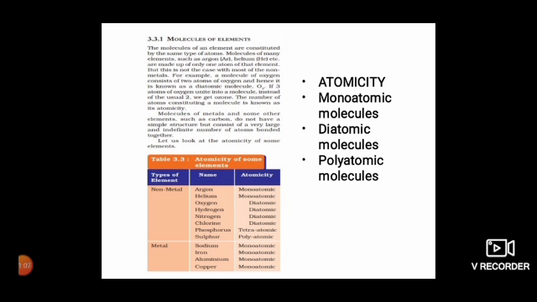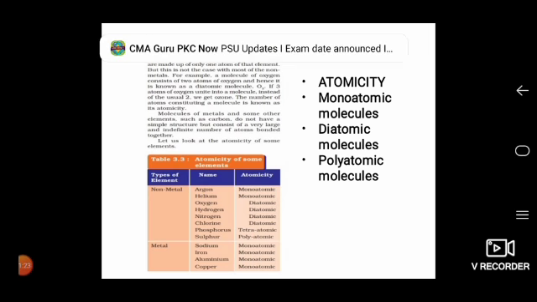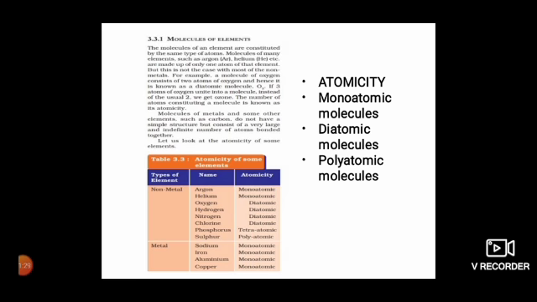So what is atomicity? On reading this passage, you can get the answer. The molecules of elements are constituted by the same type of atoms, such as argon, helium and so on. Atomicity is the number of atoms constituting a molecule. For example, hydrogen exists as H2.